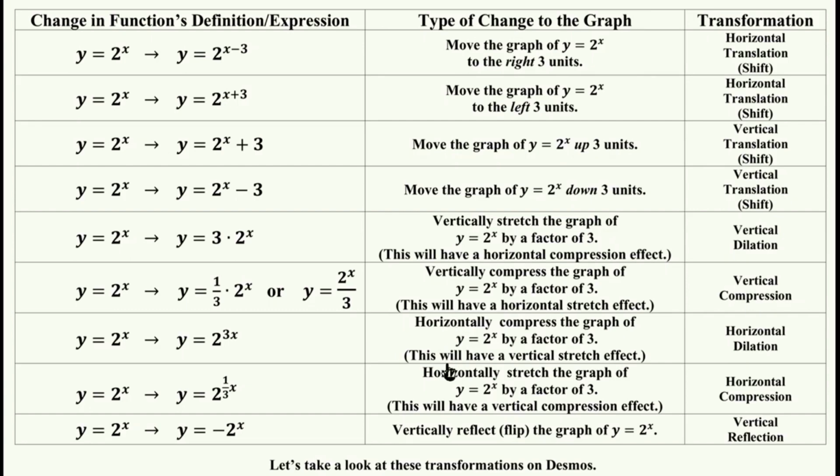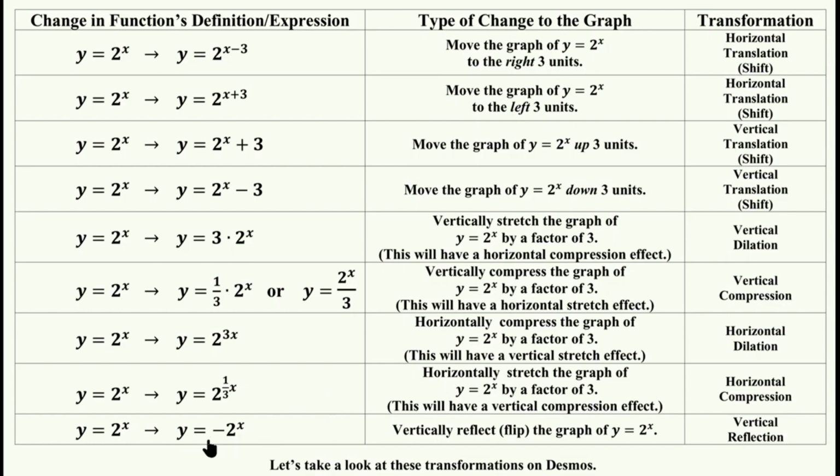These always work in opposite manner to each other. And when the constant that you're multiplying the input by is between 0 and 1, that's actually going to have a horizontal stretch effect, which will also appear as a vertical compression simultaneously.